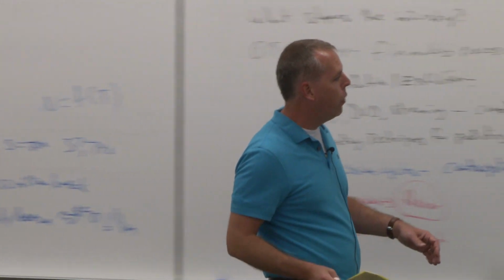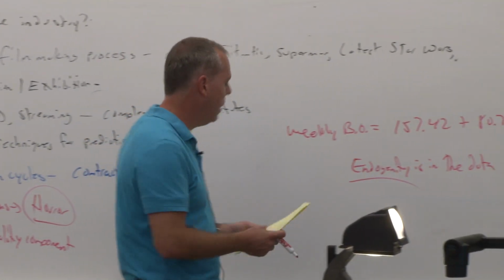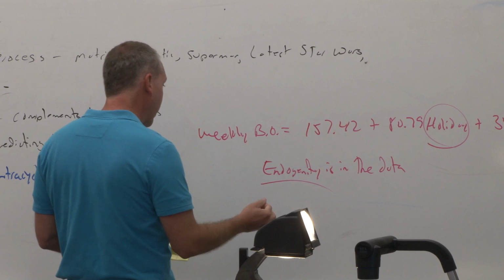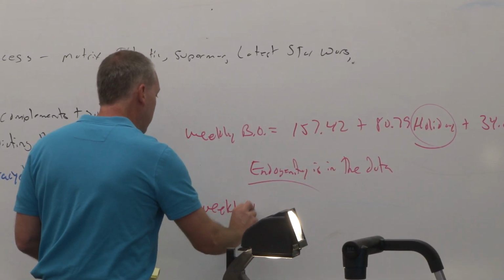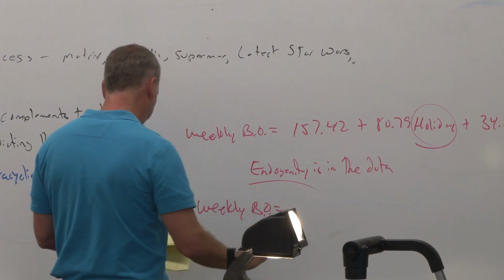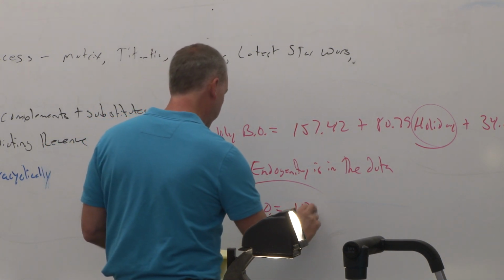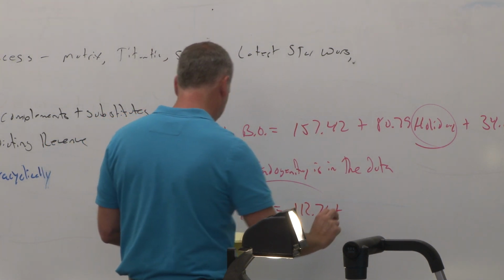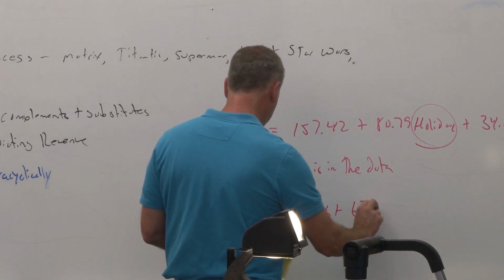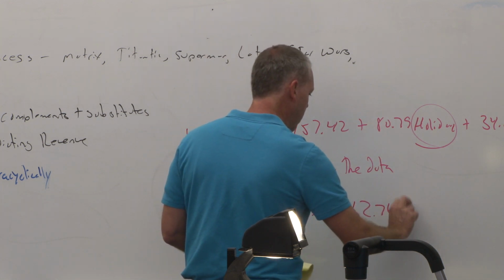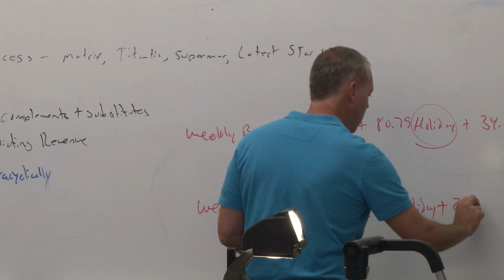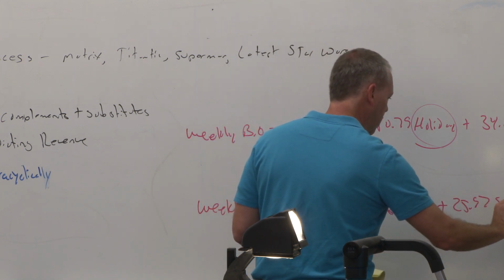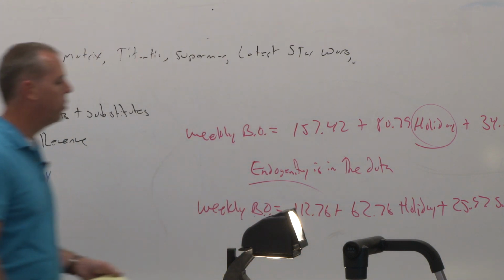So if it's not random, then the data is endogenous. Right? So when we correct for this endogeneity, we have something that kind of looks like this.